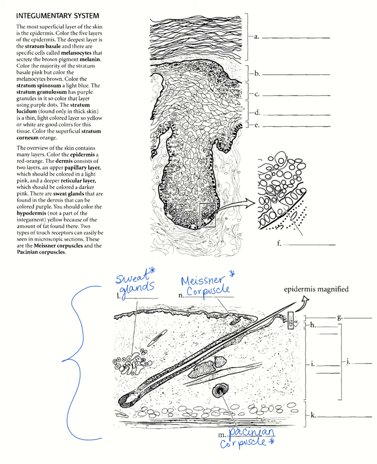On the right hand side, we've got our layers here. You may be familiar that the skin is multiple layers. And so our first top portion, G, is our epidermis.